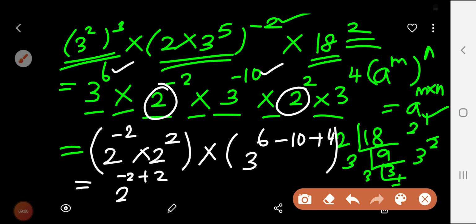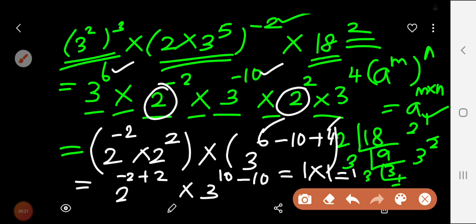Am I right? Minus 2 plus 2 into 3 power. Here if you are adding, 6 plus 4 is 10, 10 minus 10. Now 2 power minus 2 plus 2, the value is 2 power 0, and 3 power 10 minus 10, the value is 3 power 0. So anything power 0 is 1, 1 into 1. So the answer is 1.